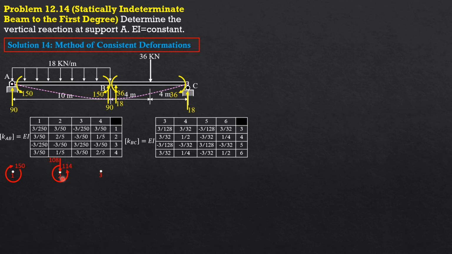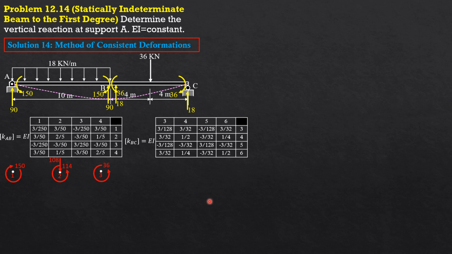Take note that there is 108 here because I removed support B, so it will deflect downward, and the deflection is denoted by U3. Then at A and C, there's no need to apply this downward force because these are supports, so the nodes 1 and C will not move downward.